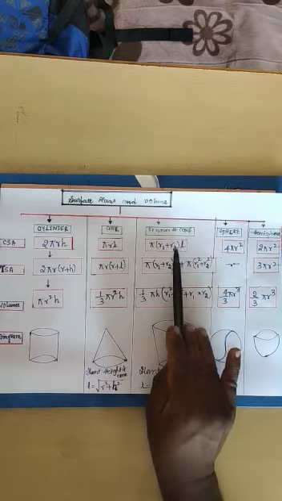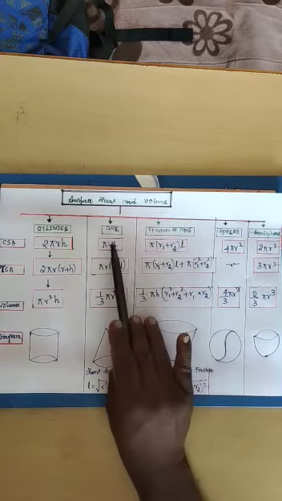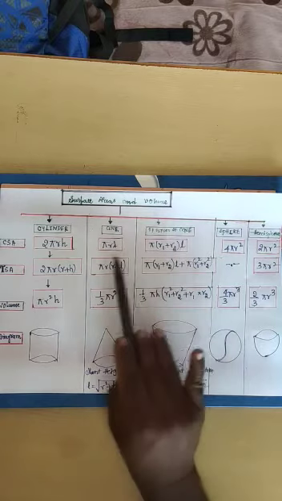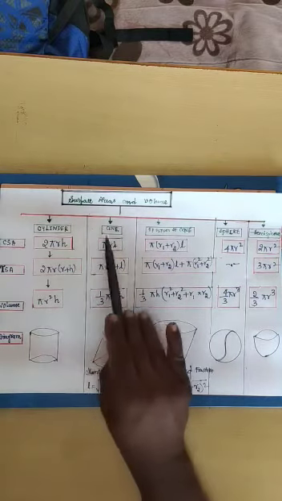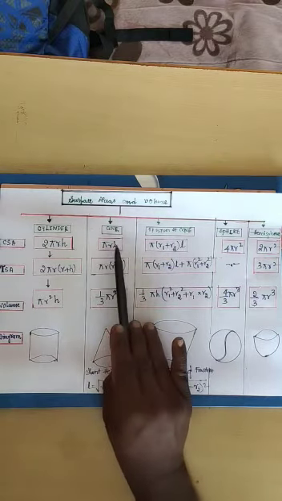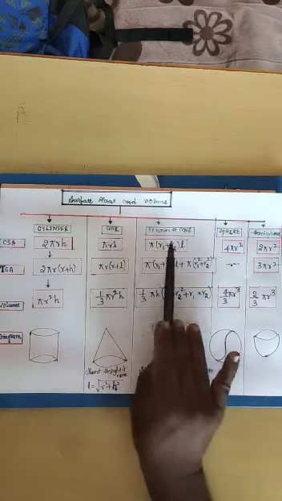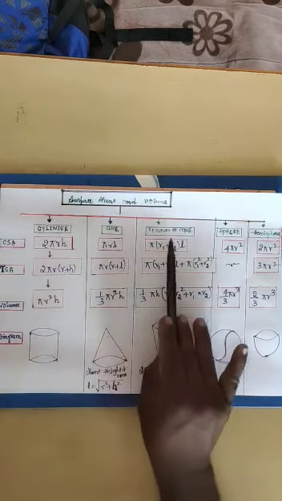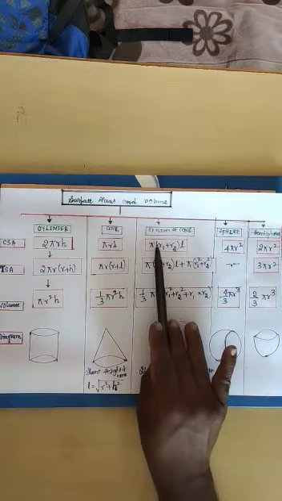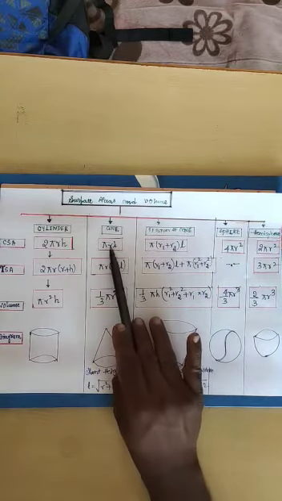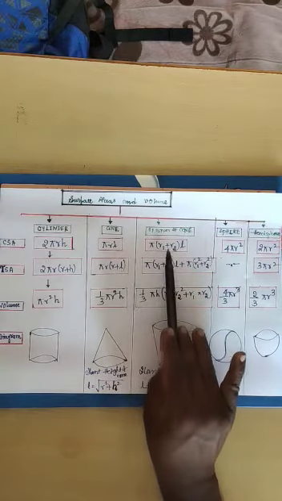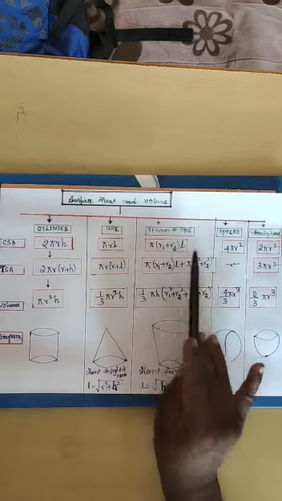Can you please identify the difference between a cone and a frustum of a cone? The curved surface area of a cone is pi r into l, but for a frustum, instead of r, we take r1 plus r2 into l.